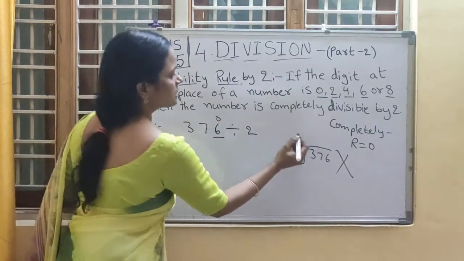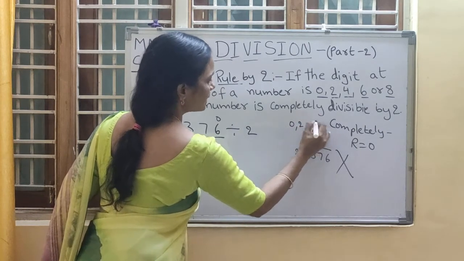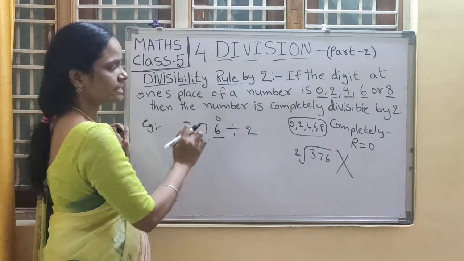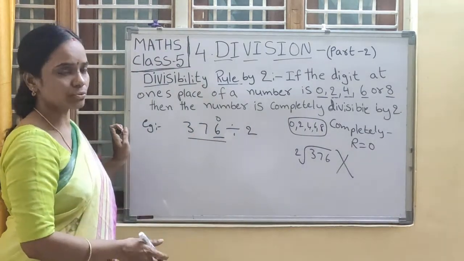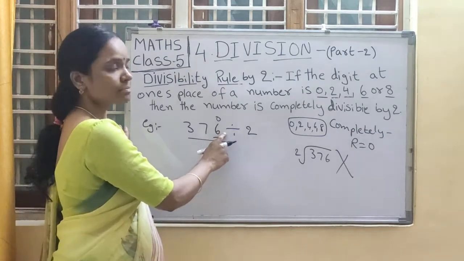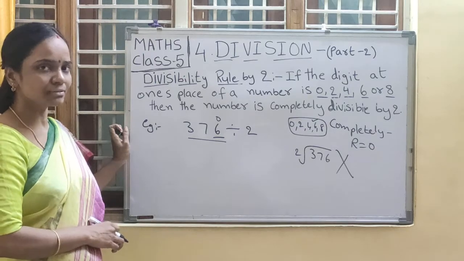Here the one's place digit is 6. If any one of 0, 2, 4, 6 or 8 is at one's place, the given number is completely divisible by 2. Is this number completely divisible by 2? Yes.